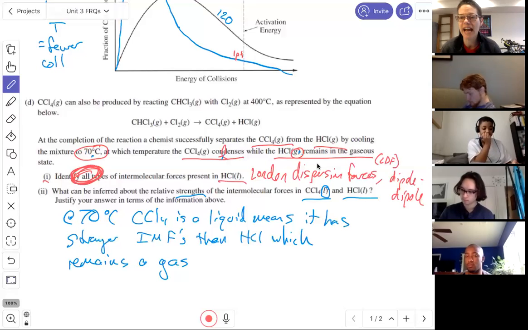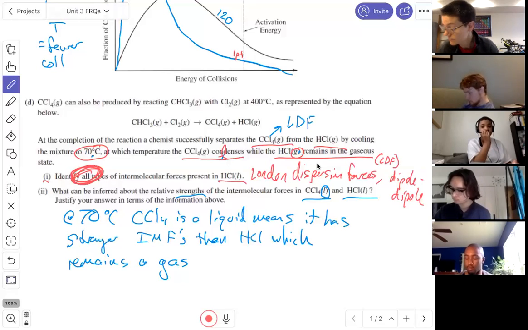Did this question ask you to identify what the intermolecular forces for CCl4 are? Nope. If it did, what are they? Also London dispersion forces, and only London dispersion forces, because it's nonpolar.